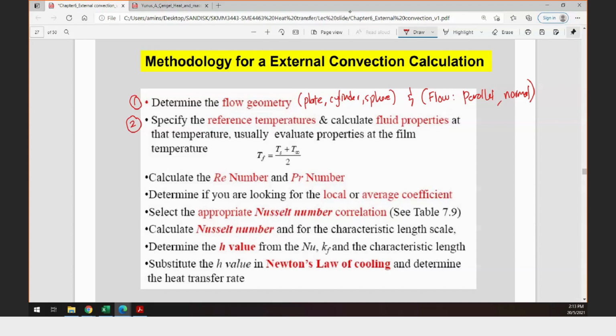In this case, the reference temperature is known as the film temperature. Sometimes in other textbooks, they call the film temperature the average temperature, the average between the surface and the fluid.